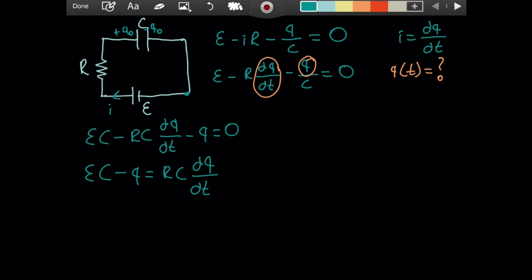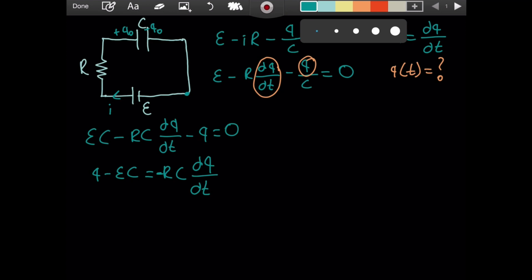First of all, I will put a negative here and change the subtraction on the left side: Q minus epsilon C. The reason I did that is because I want to have the coefficient of Q a positive number. I don't want it to be negative 1. I want it to be a positive 1 because while taking the integral, it will be causing less possibilities for making a mistake. That's the only reason. Okay?